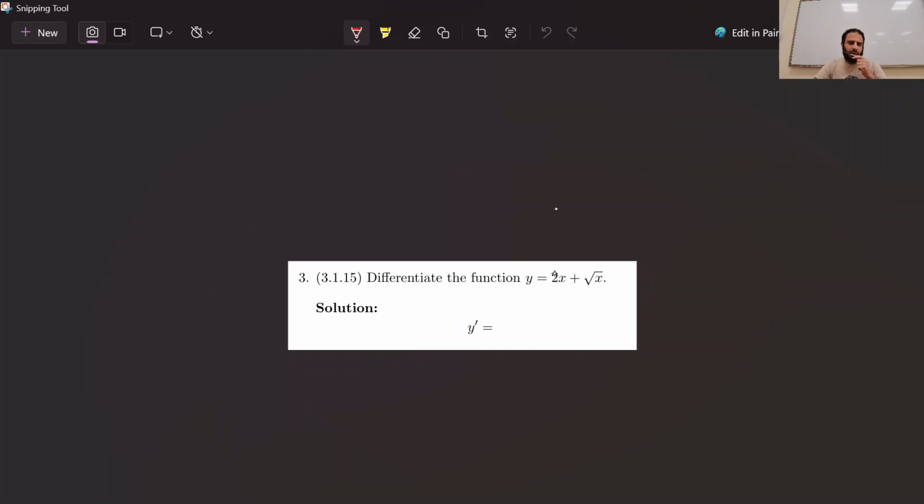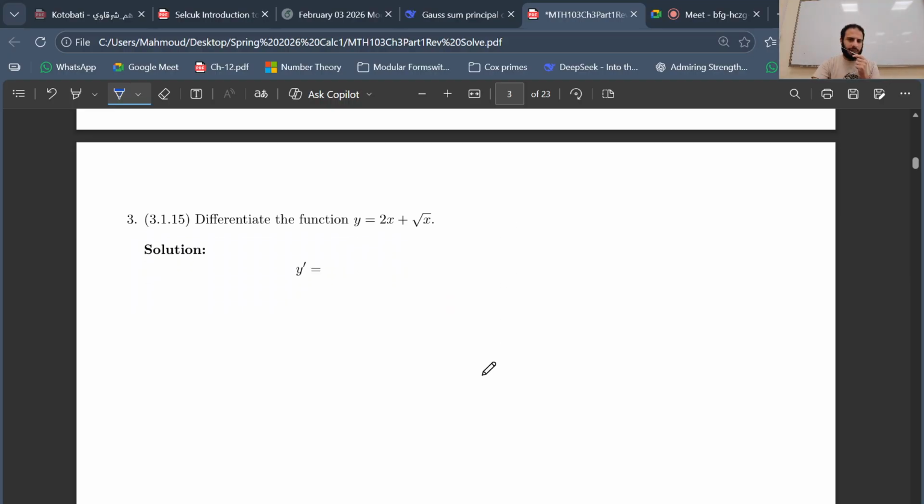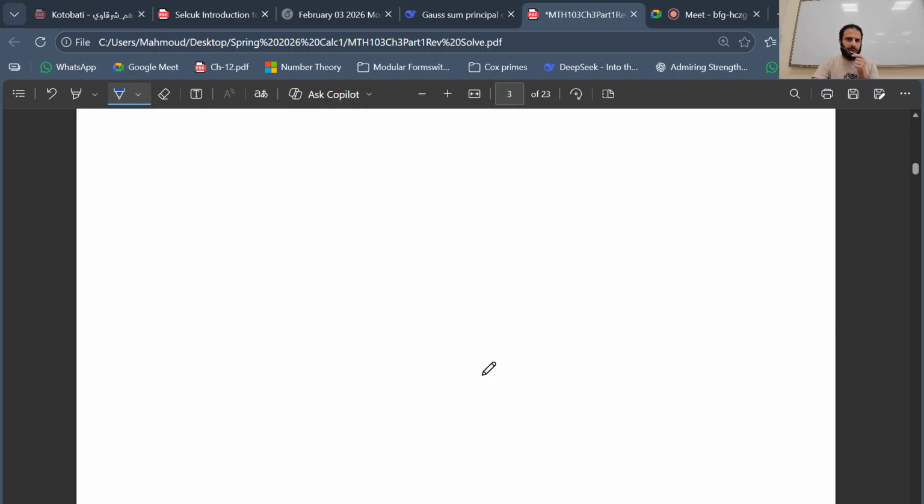Differentiate the function y equals 2x plus the square root of x. The derivative of 2x is 2, square root of x. Yes, thank you. So 2 plus 1 over 2 square root of x. The next one, problem 4.